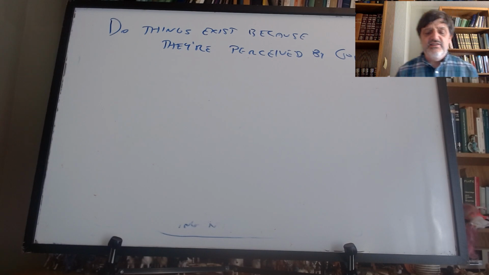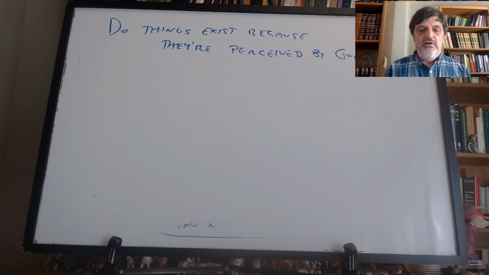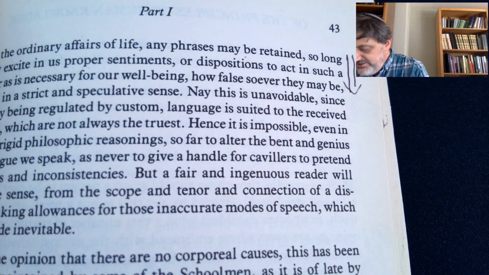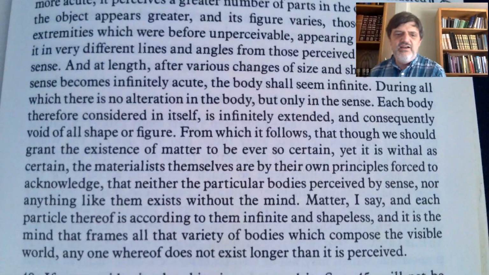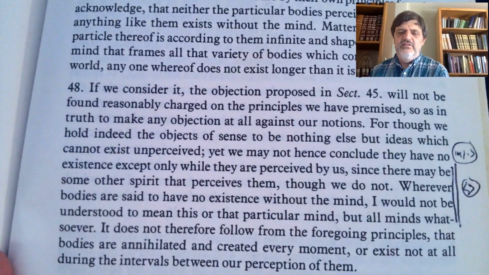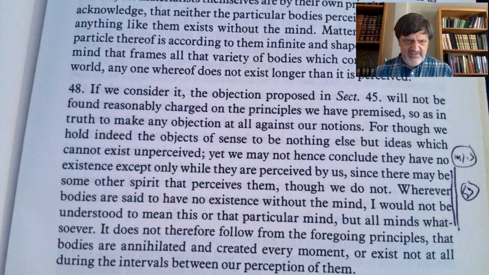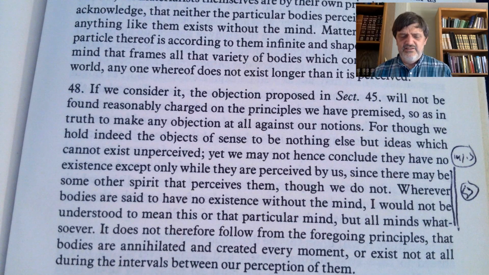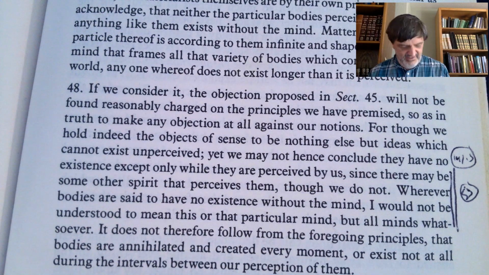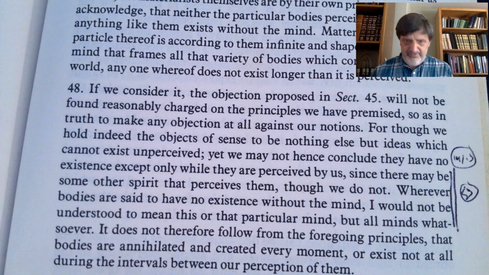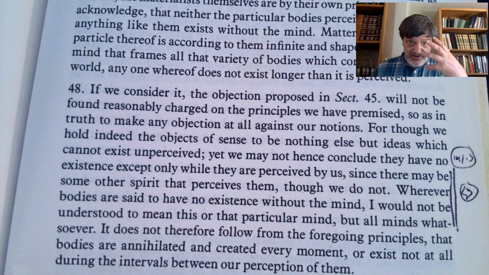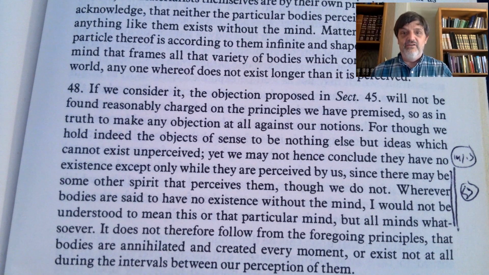And he hints at this possibility even more strongly later in section 48, on page 41, where he's dealing with the objection that it seems ridiculous to say that every time I close my eyes, all the things in the room, that is, all the visible things in the visible room, because the tangible things in the tangible room don't disappear when I close my eyes, are annihilated.